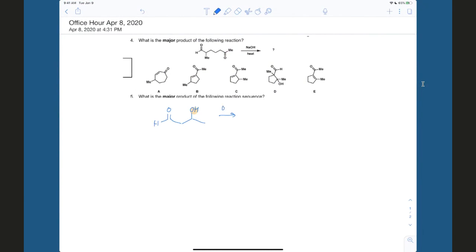So we need to have hydroxide. It'll take away this proton, and it'll go to an intermediate enolate. From this intermediate enolate, it's able to then kick out the hydroxide.